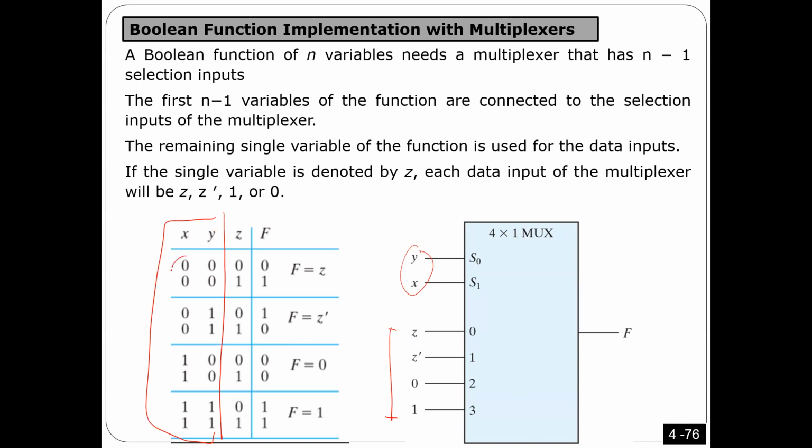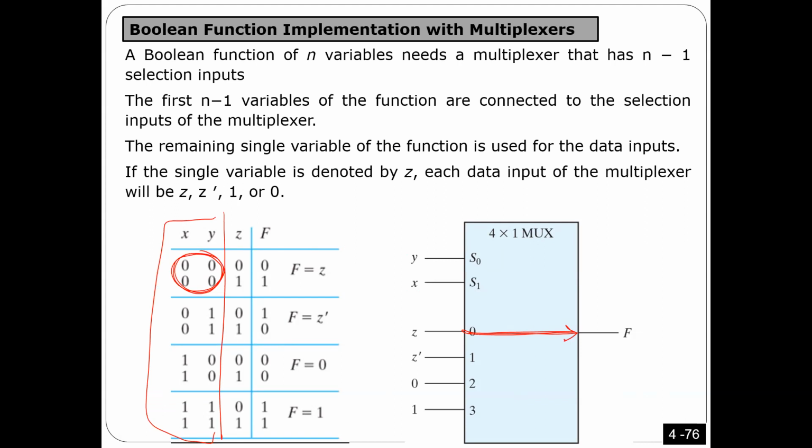When XY equals 0, 0, this is a selection, so the output is going to connect to input 0, right? So in these 2 cases, because the selection is 0, 0, the output has to be connected to input number 0. That means input number 0 has to be correct for both of these values. Otherwise, it's not going to work, right?